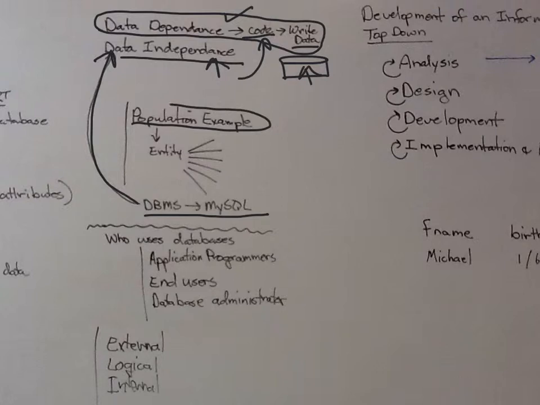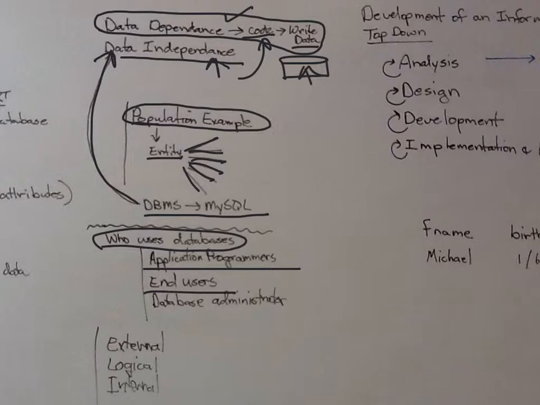We've been working on a population example, one entity at this point, and all the different attributes coming off of that entity. Who uses databases? Application programmers, end users, database administrators. You could probably split these out other ways, but in general, we have a database administrator and those people that work with them to create and maintain the data.